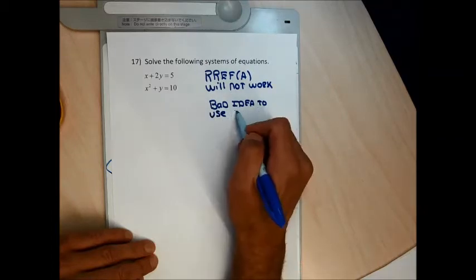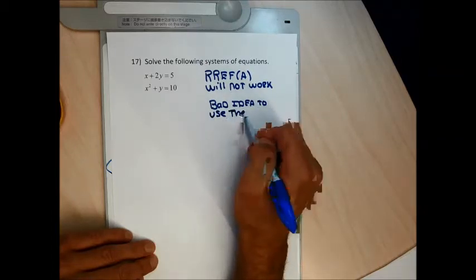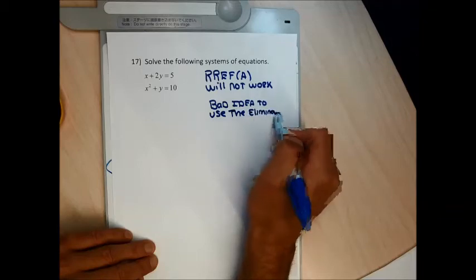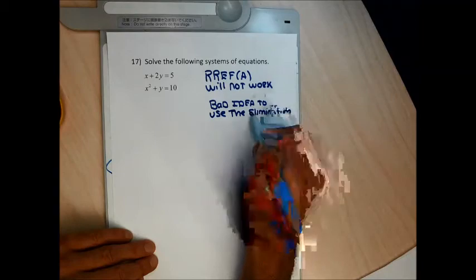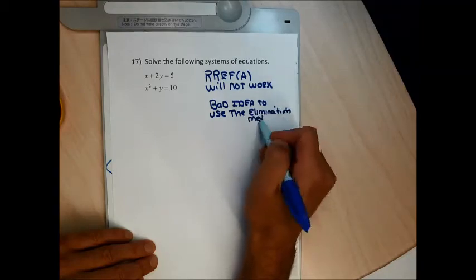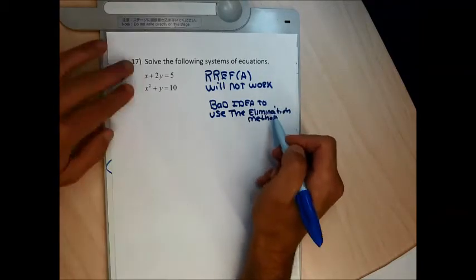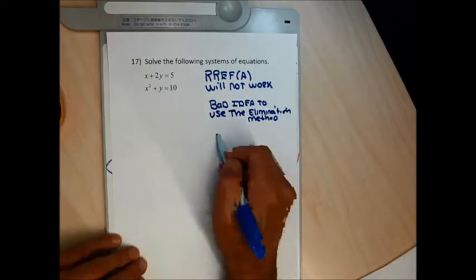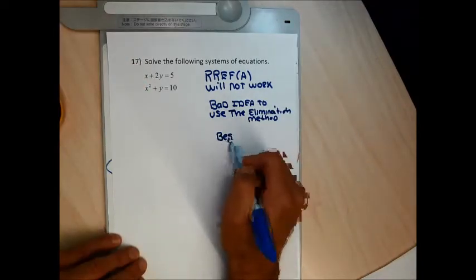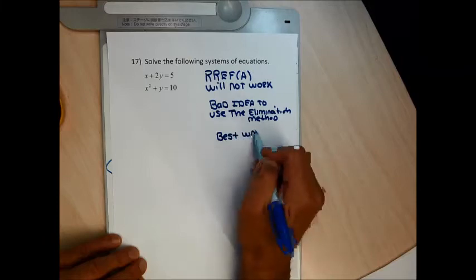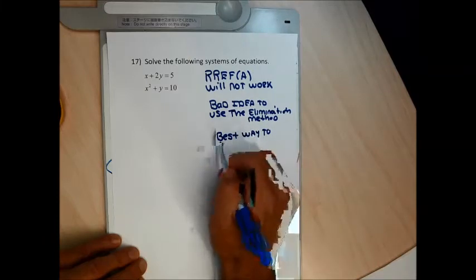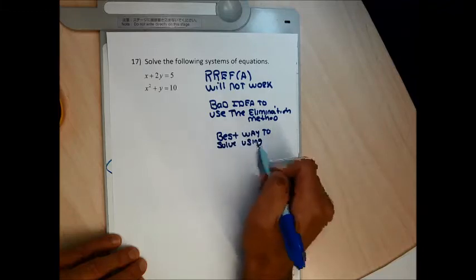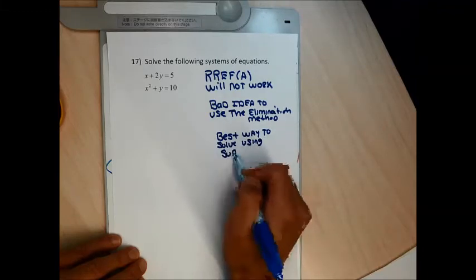It can be done, but more often than not, when students have a nonlinear system of equations and they try to use the elimination method, they usually make a mistake because they try to combine terms that have different exponents that can't be combined. The best way to solve this system of nonlinear equations is using the substitution method.